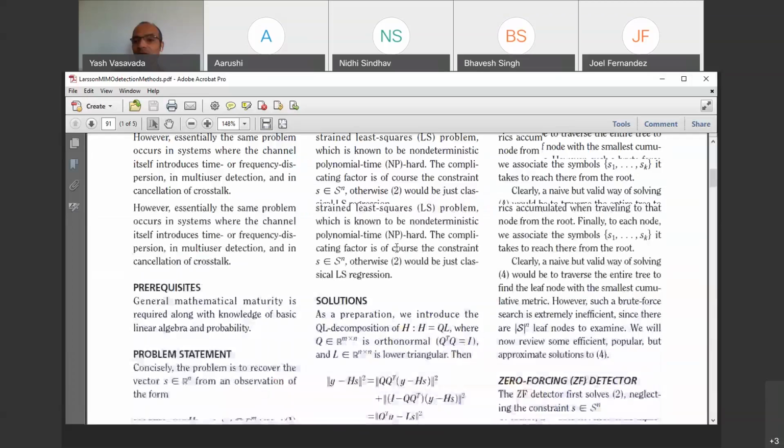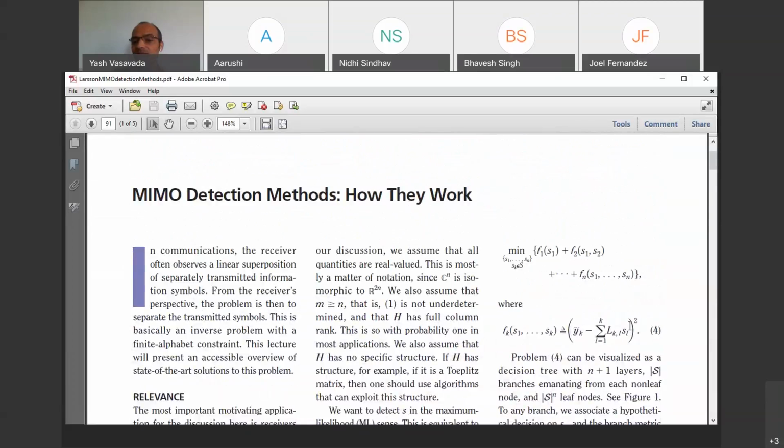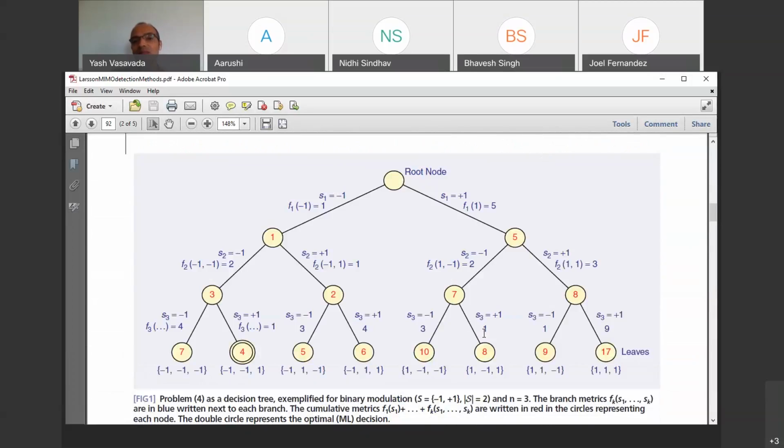Remember, these f values we are defining as squares. Squares cannot be negative numbers. At the most, they can be 0. So you will see that as I go down any particular route of this tree, the numbers keep on increasing, 1, 2, 5, or 5, 7, 10.